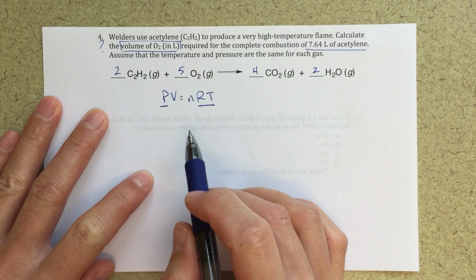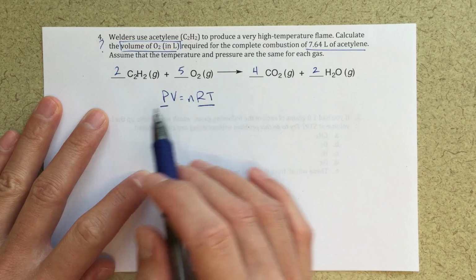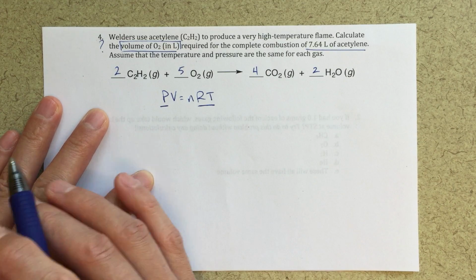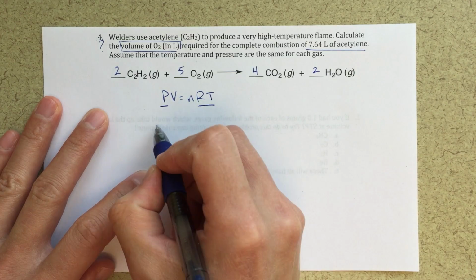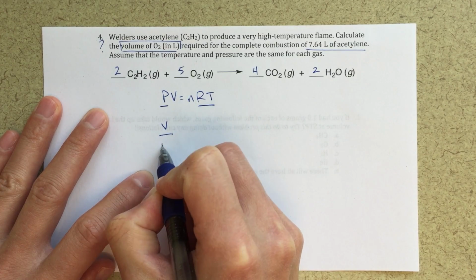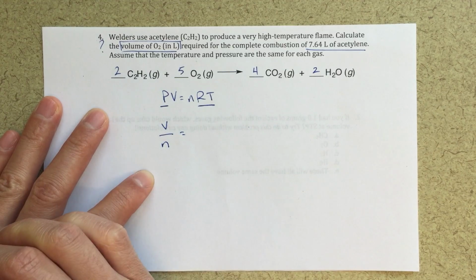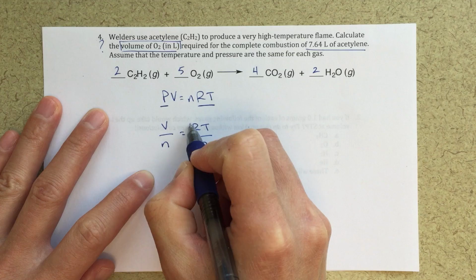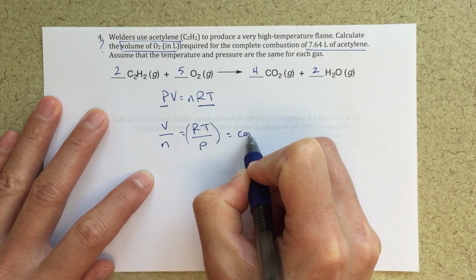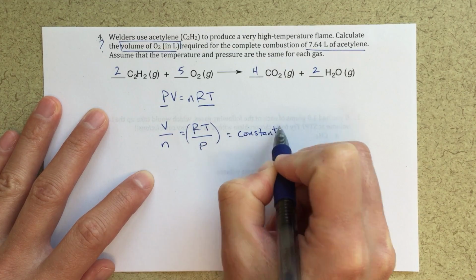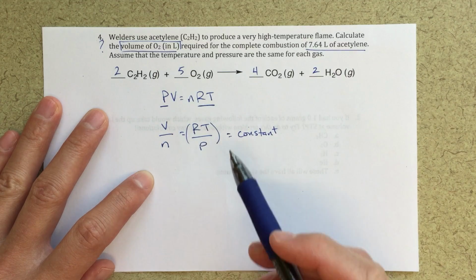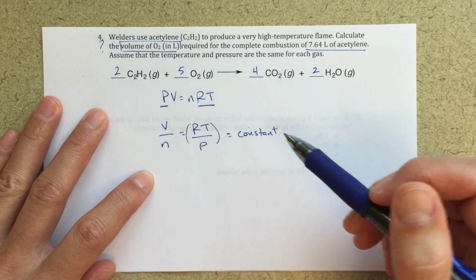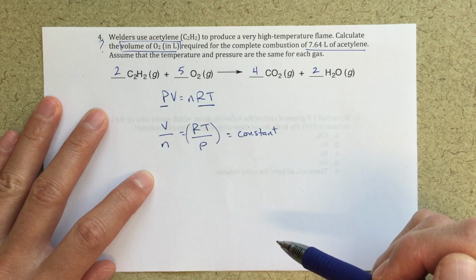I like underlining these things to indicate the pressure and RT will stay constant. I could rearrange this to have volume over n, number of moles, equals RT over P. And all of this is going to equal a constant. That's going to be the same for acetylene, for oxygen. That will always be constant.